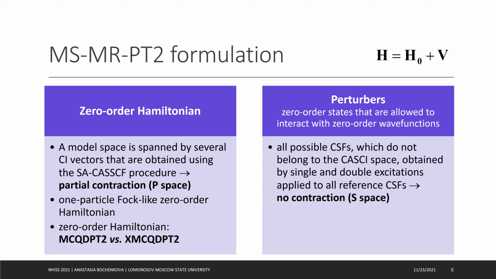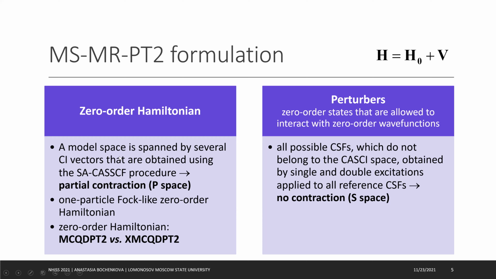We use what is called an invariant approach to multi-state, multi-reference perturbation theories. In particular, I don't really have time to go into details, but I will be happy to answer questions after my talk. I'll only mention that we use a state-averaged CASSCF procedure to obtain our zero-order vectors that span our model space.